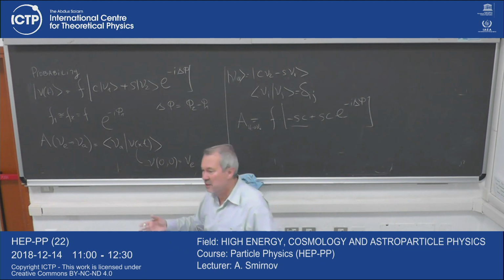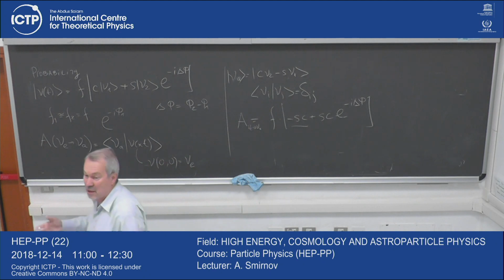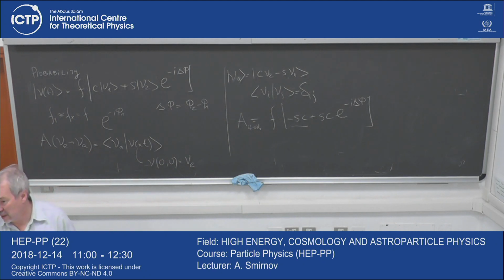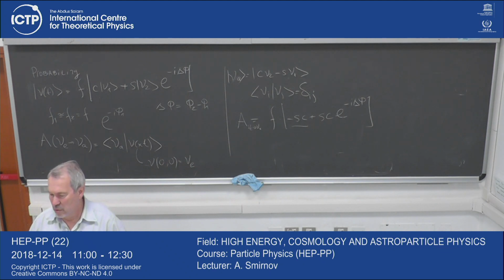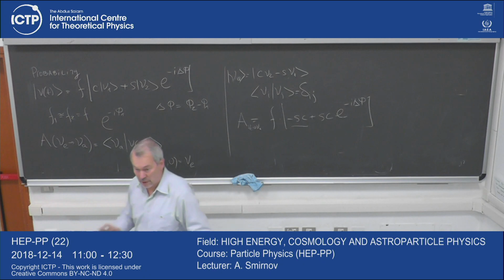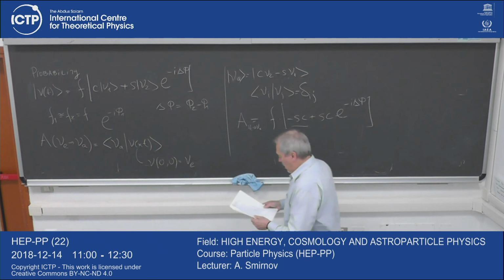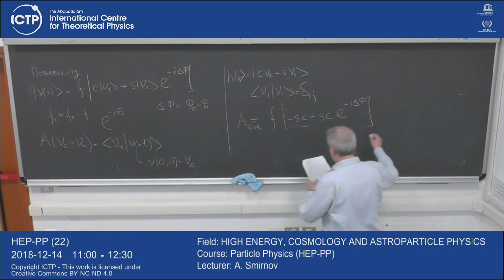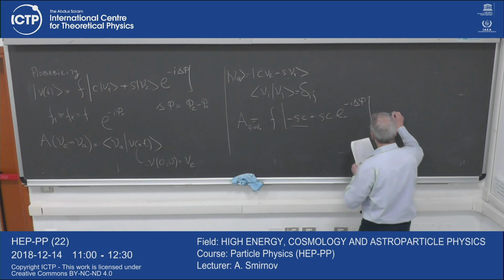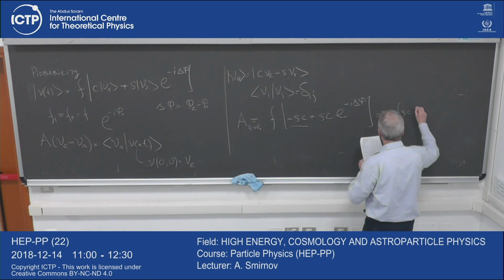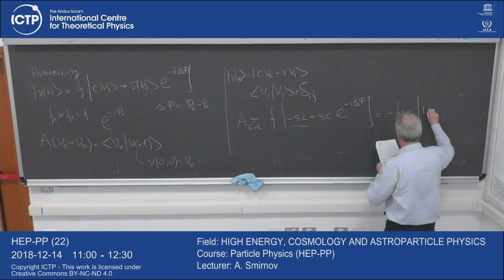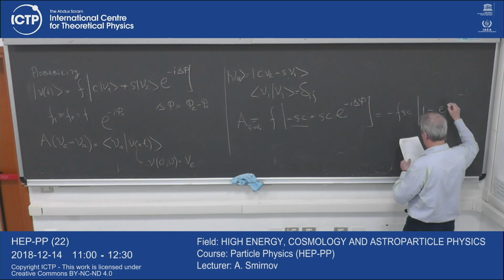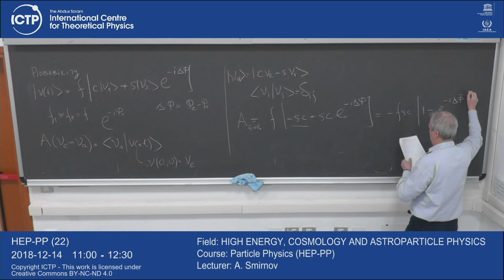So they are eigenstates of charged currents, and therefore this is what we are detecting here. For propagation, it is better to look at this in terms of mass states. It's usual. So what I can then write is minus F S C, then 1 minus exponent minus i delta F.